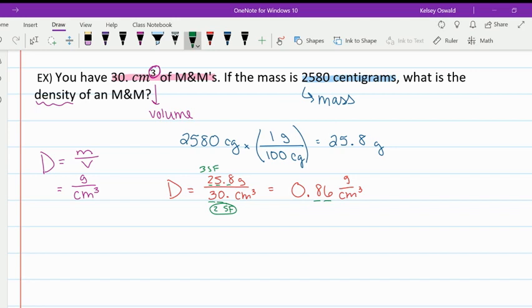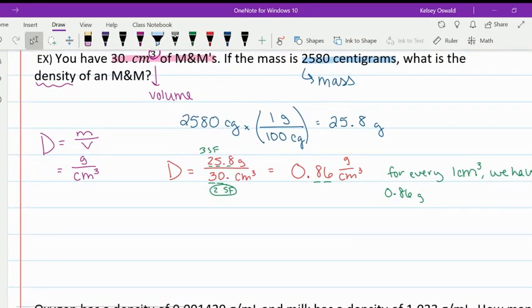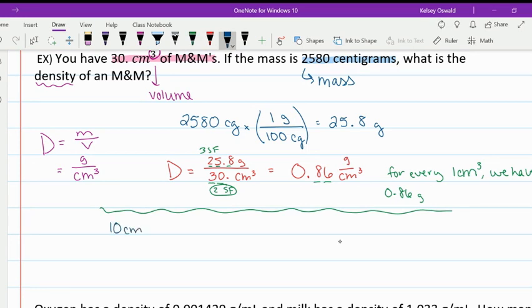Okay. So what this actually tells us is that for every 1 centimeter cubed of M&Ms that we have, we have 0.86 grams. Okay. So for every 1 centimeter cubed or unit of volume, we have 0.86 grams. So let's say we had 10 centimeters cubed of M&Ms, and we want to figure out what mass that would have.